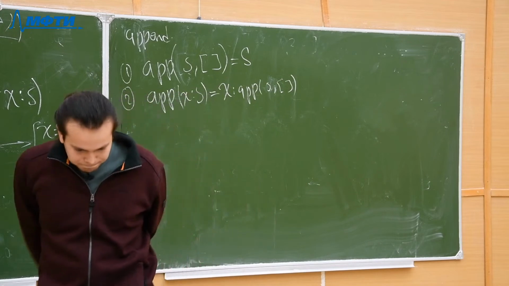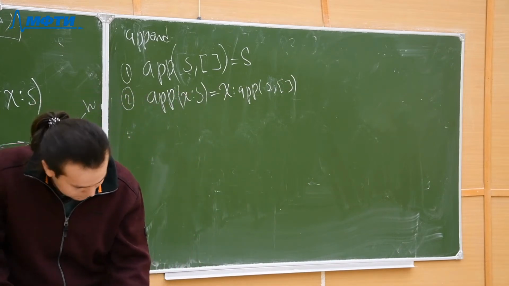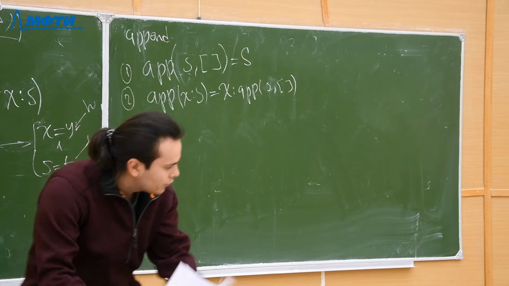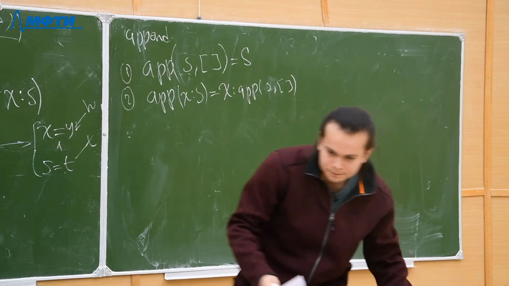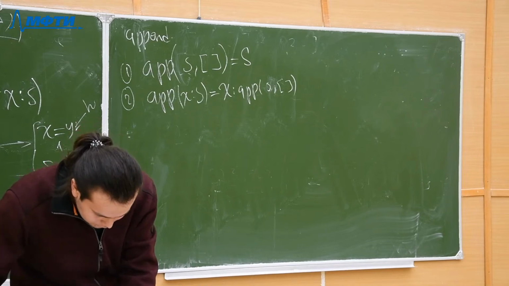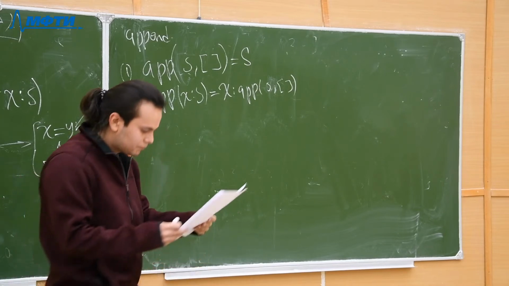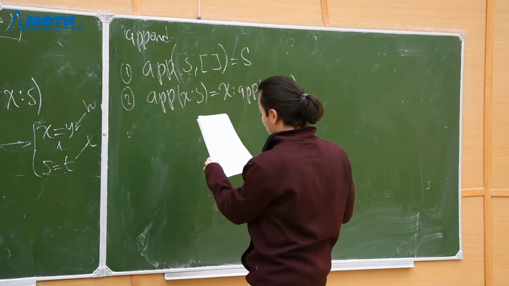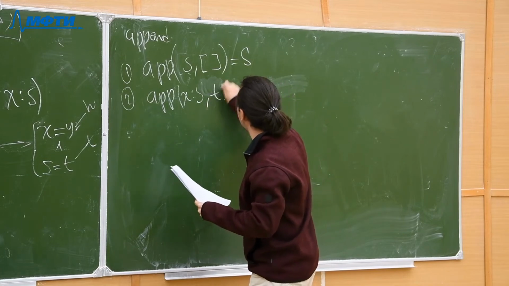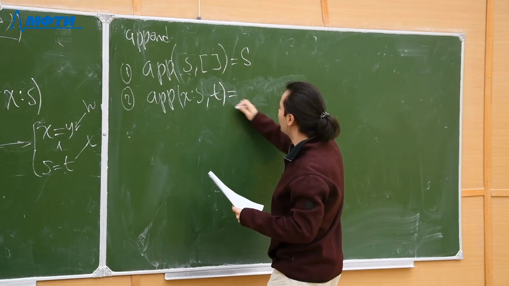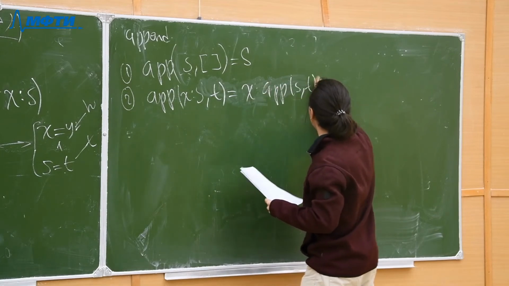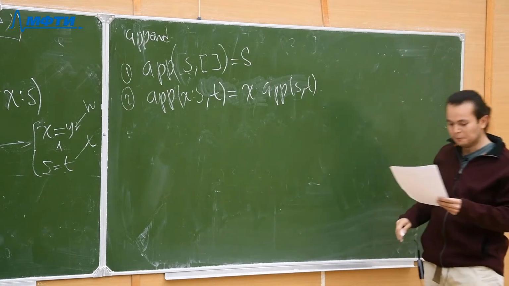So let me find where that is. No, it's not that way. Yeah, you know that. So this is equal to x column append of S and T. Now it's correct.